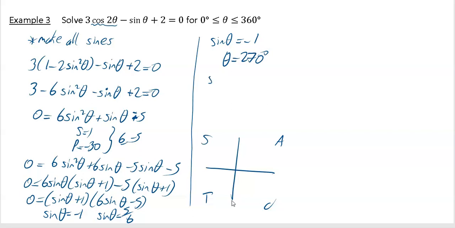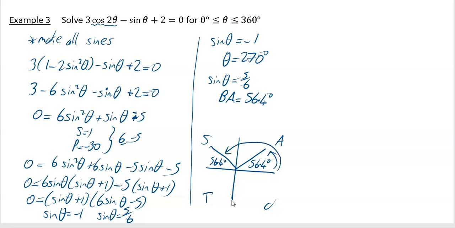The other solution we had was sine theta is equal to 5 over 6. You've just got to do your basic angle thing. So shift sine, or sine to the minus 1, and I got 56.4 degrees. Sine is positive in the A quadrant, so mark in your angle 56.4 degrees, and it's positive in the B quadrant, and that's 56.4 degrees.